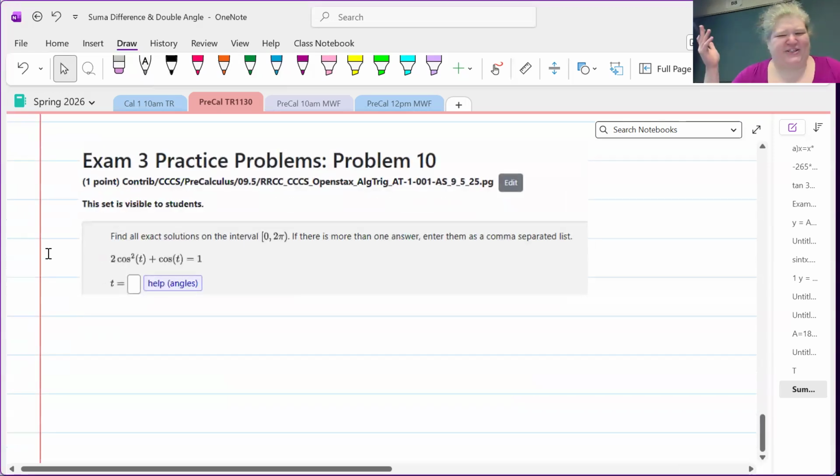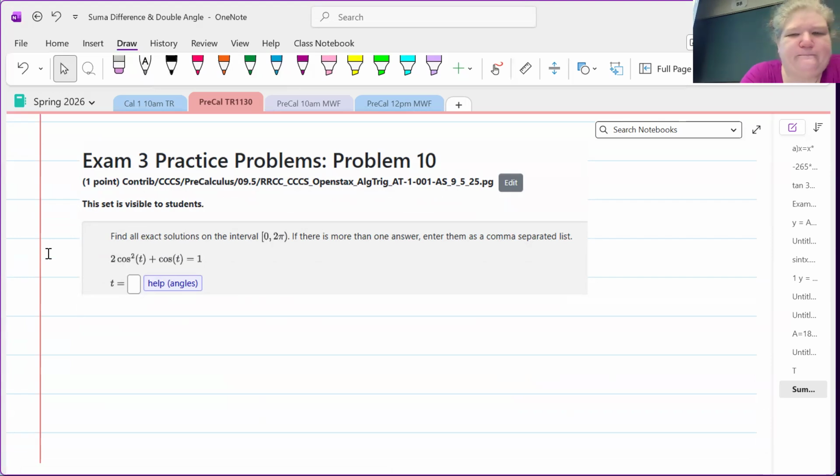Like problem 11, they basically multiplied everything by 3, I think, or 6. So it's bigger for no reason. The problem on the test that matches this has multiple ways you can solve it. But this one, we're stuck with factoring.